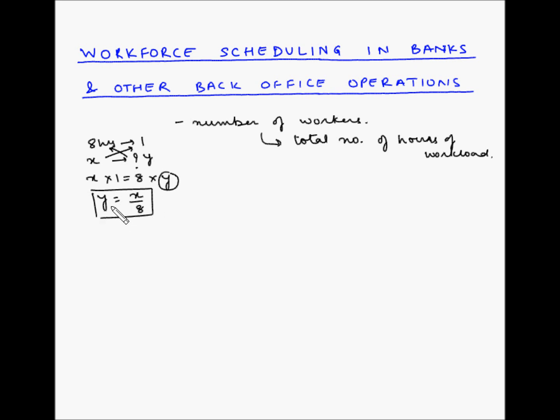So the number of workers will be equal to the number of hours of workload divided by 8, where we are assuming that 8 hours is the number of hours that each worker puts in for a day.